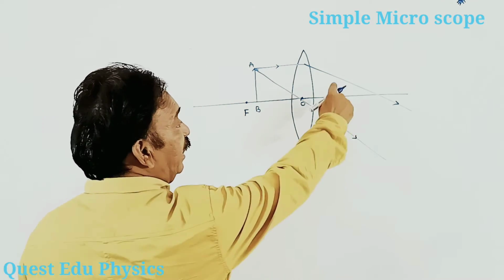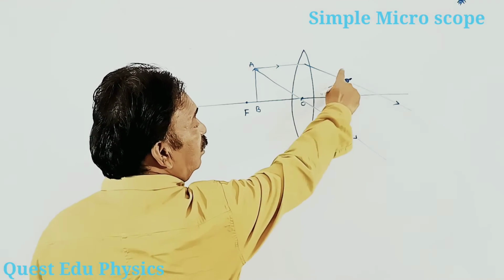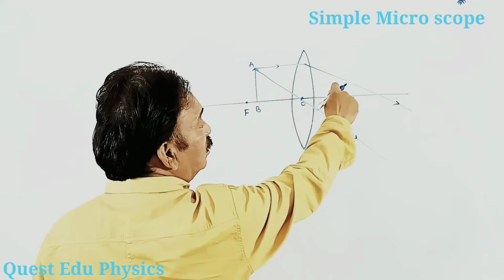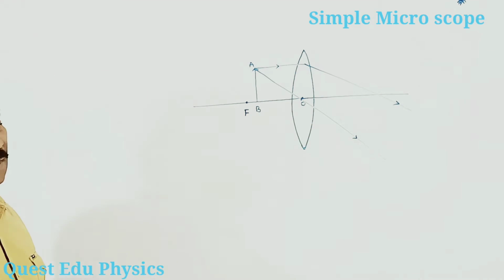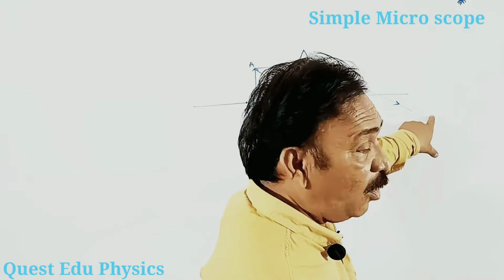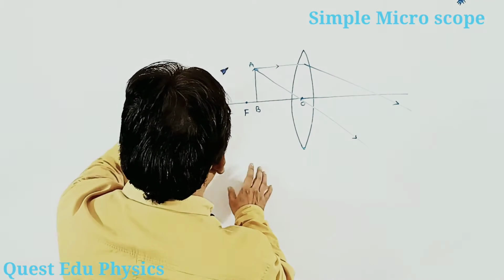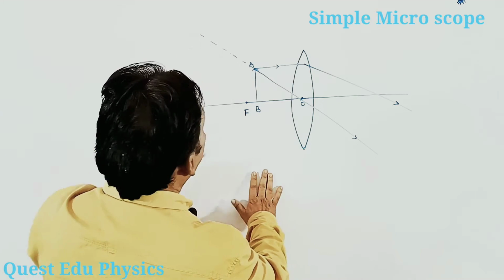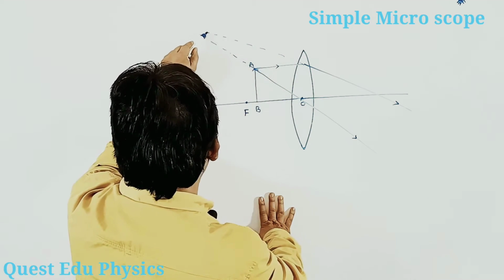Here we kept our eye very close to this lens, almost in contact with it. These two rays can't meet at a particular point in this way. That's why we are producing them backward.